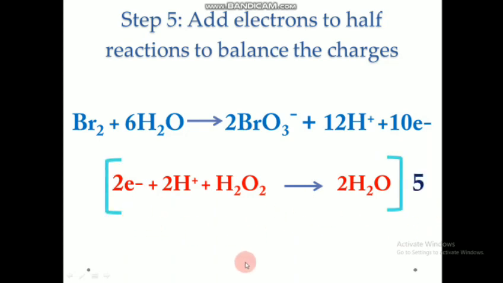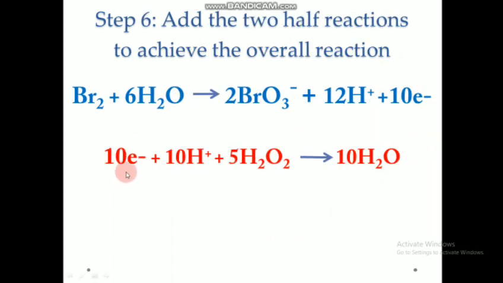So we are multiplying the whole reaction with 5. Hence this equation will become 10 electrons plus 10 H plus 5 H2O2 gives 10 H2O, which we will sum with the other equation. So we got both the reactions balanced.